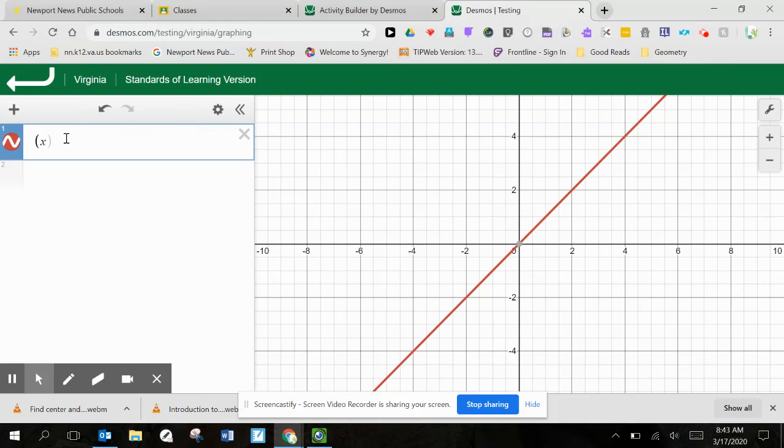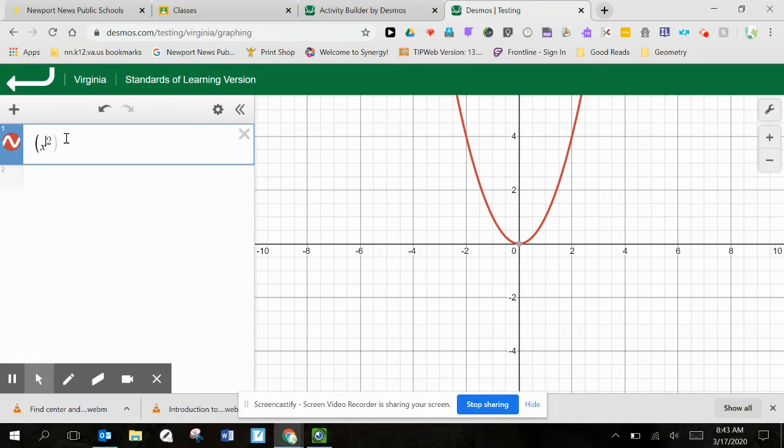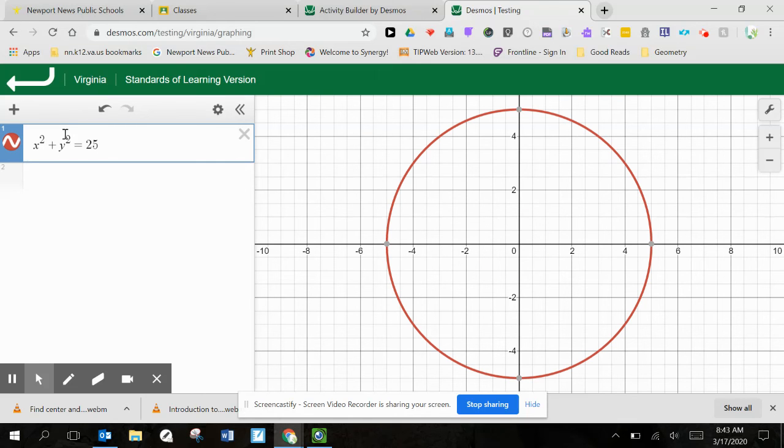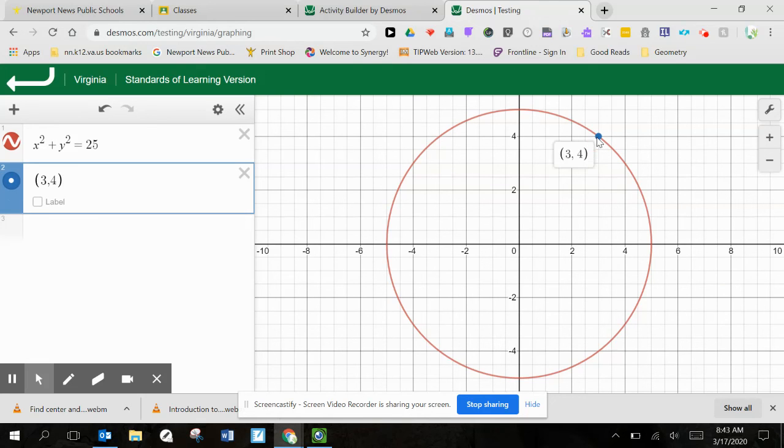I can go x squared, I don't need the parentheses, plus y squared equals 25. And there's my circle. And what should happen is that point 3, 4 should go through this circle if I've done it right. There it is, right there, 3, 4. It's gone through my circle, so my equation is correct.